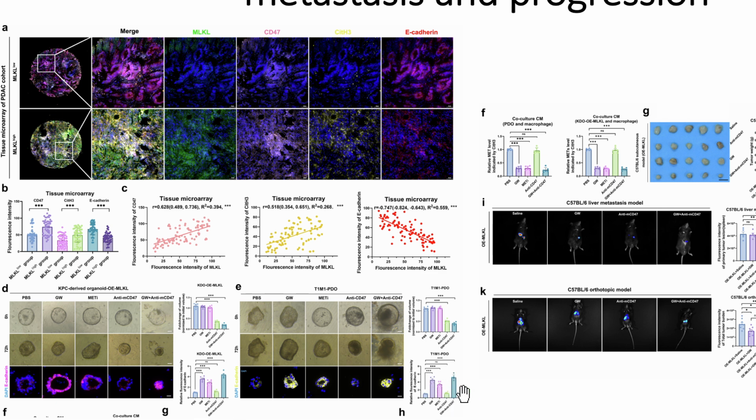Here we can see that E-Cadherin is restored where GW and anti-CD47 are used, and also here we can see that E-Cadherin is restored where GW and anti-CD47 are used, indicating that both the inhibitors will lead to the reestablishment of these cell adhesions in the tumor cells, thereby preventing metastasis.